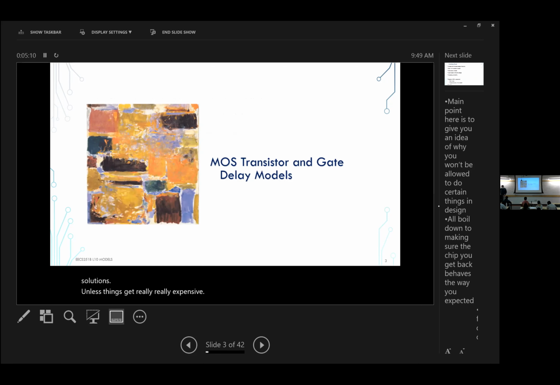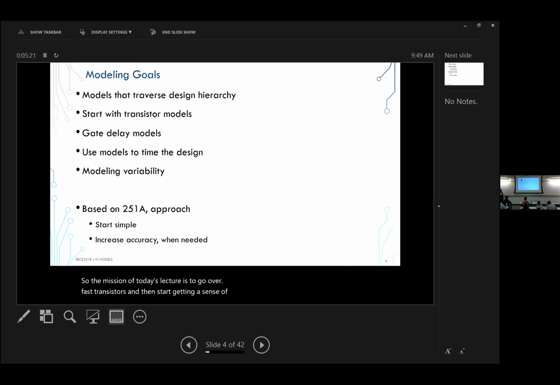So the mission of today's lecture is to go over MOS transistors and then start getting a sense of gate delay models. So why do we model technologies? Well, because we don't want to simulate everything at every level of detail. So we would like to have models that traverse the design hierarchy.